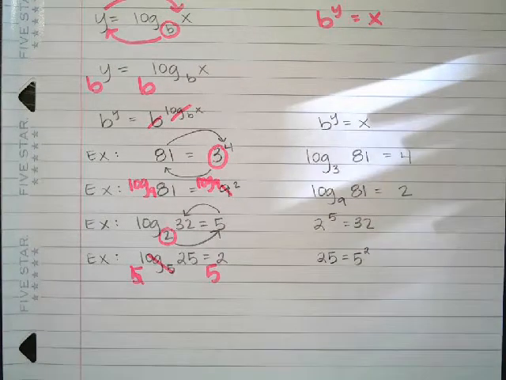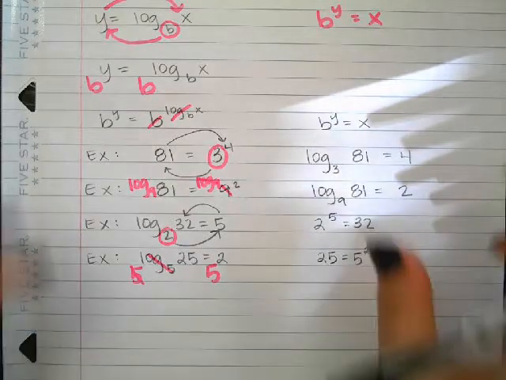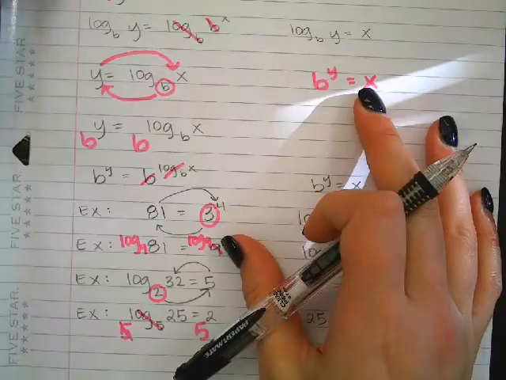Okay, so let's go ahead and look at finding inverses of equations. We could add another heading in here. I'm going to go ahead and get a fresh sheet of paper.